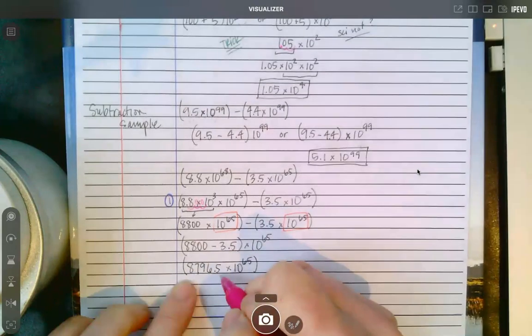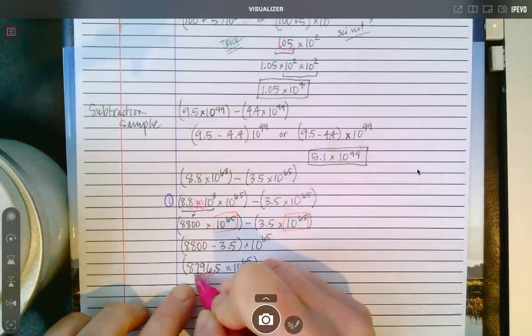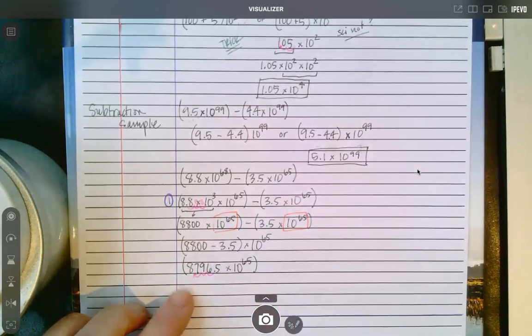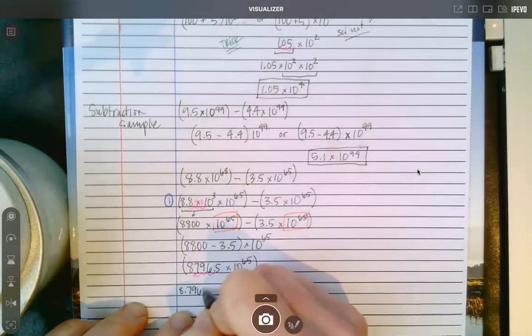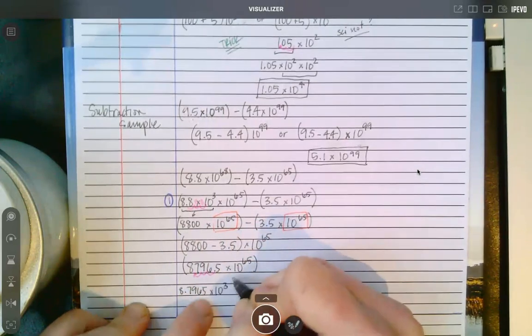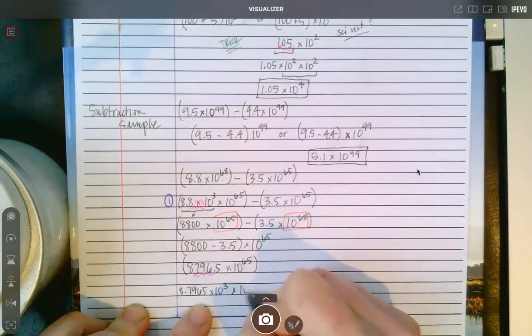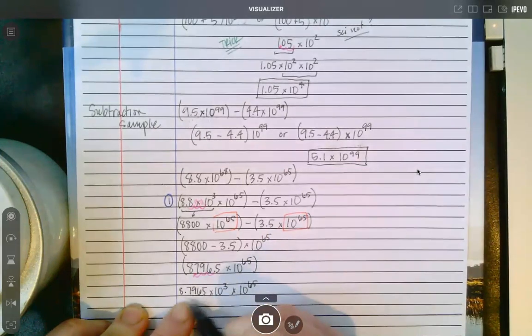Now I'm going to take this number right here and write it in scientific notation. So I would move 1, 2, 3 places. So it would be 8.7965 times 10 to the third. And don't forget, got to keep this in here, times 10 to the 65th. And this gives me a new coefficient that's written properly.